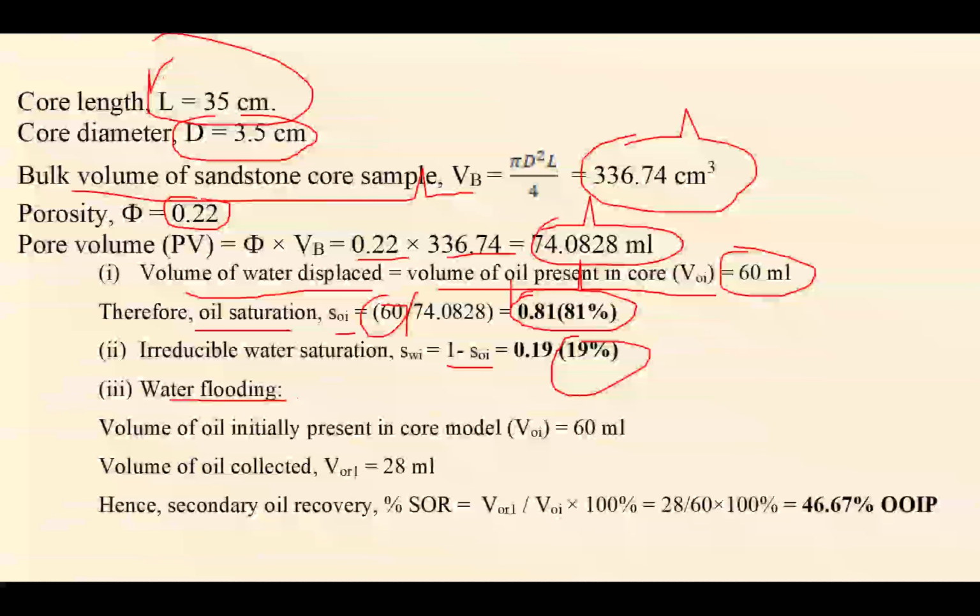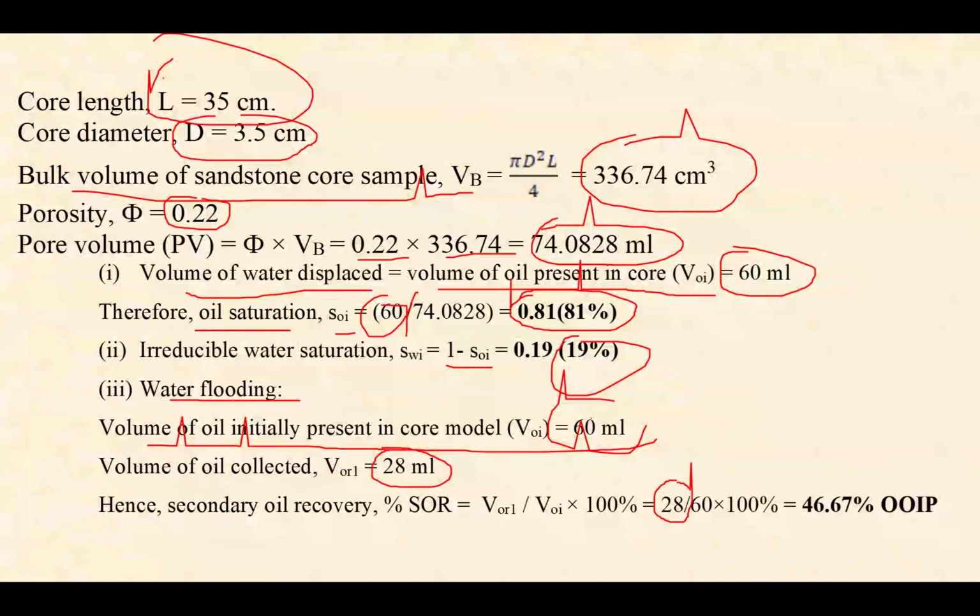Then water flooding. By water flooding, the volume of oil initially present in the core model is 60 ml, and the volume of oil collected is equal to 28 ml. Therefore, the secondary recovery is equal to 28 divided by the original oil in place, which was 60 ml.